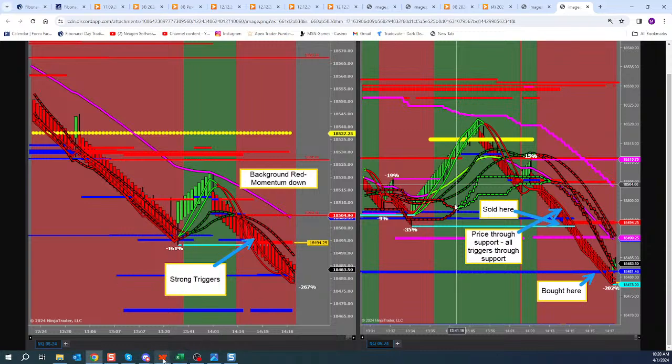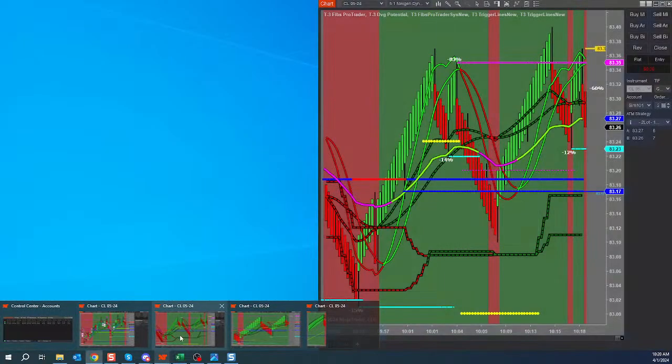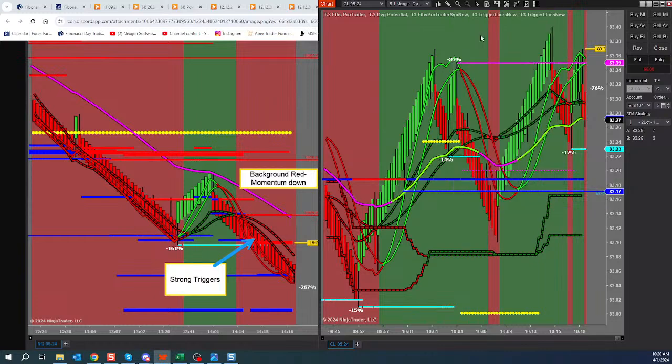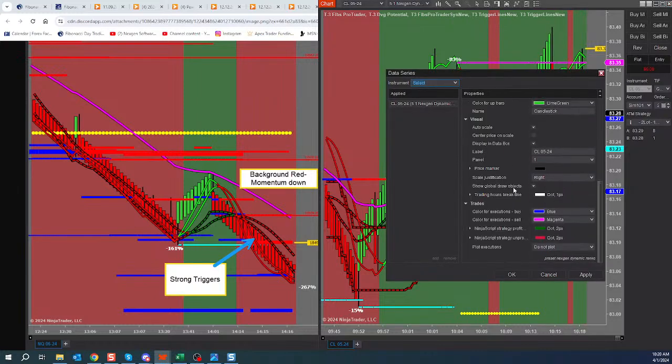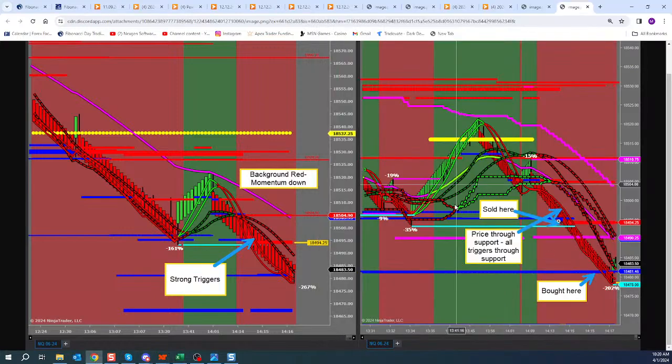One thing that may help, Jen, just to see your stuff, if you don't mind, I hate to give you a chore. If you right-click on your chart and go to Data Series, if you plot your executions, text and marker, what it does is it allows me to see exactly where you get in. It allows me to see exactly where you get out.